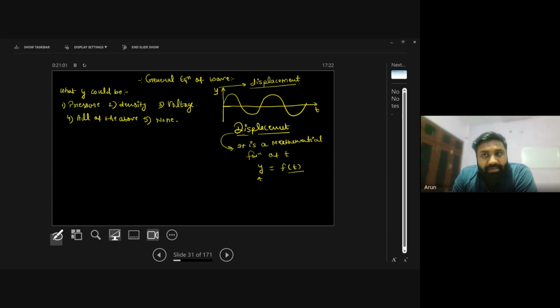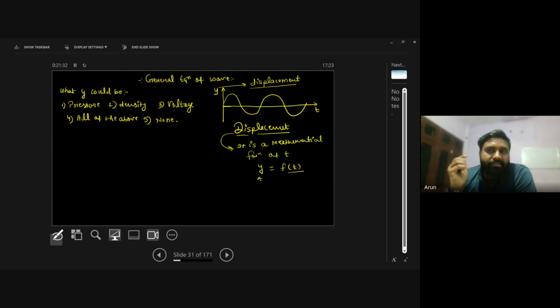Displacement is not always used in the context of position. It could be the change of pressure with time, change of voltage with time in an AC circuit, alternating current, change of density or pressure in a sound wave with respect to time. So anything which is varying with time, you can relate it with the displacement of that physical quantity.